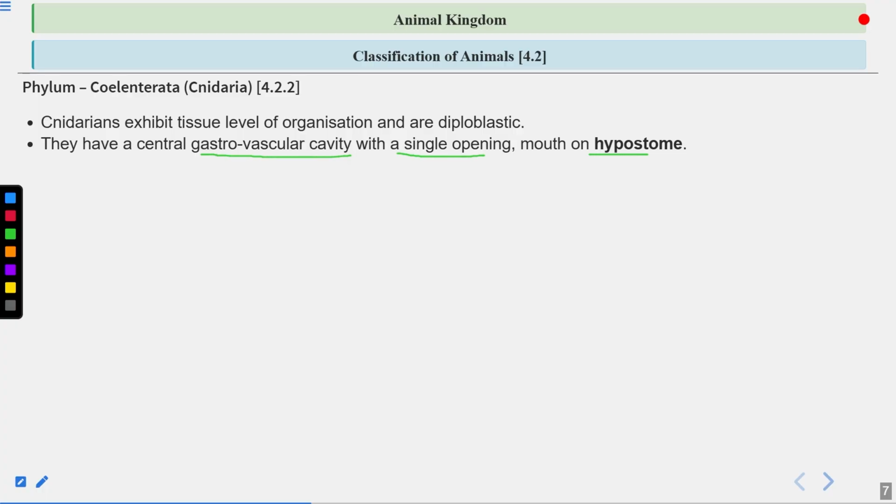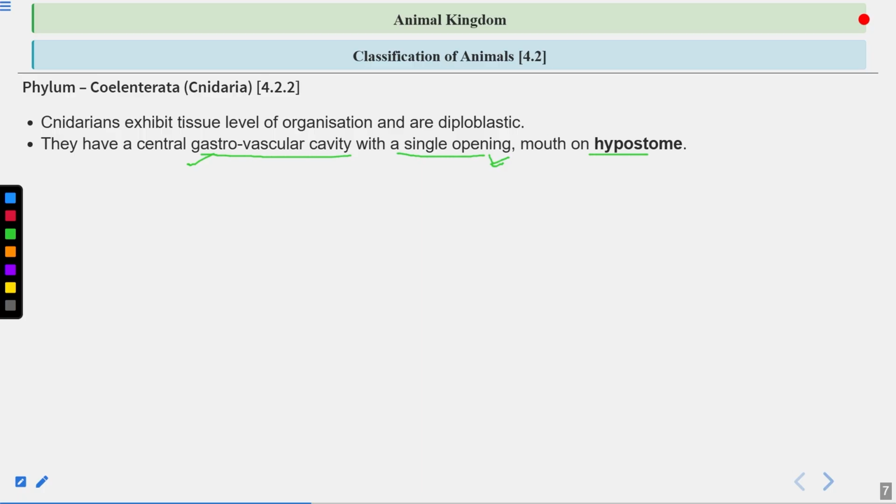Now, if you see the internal body structure, they have a cavity-like structure called the gastrovascular cavity. And they have a single opening, only one opening, right?